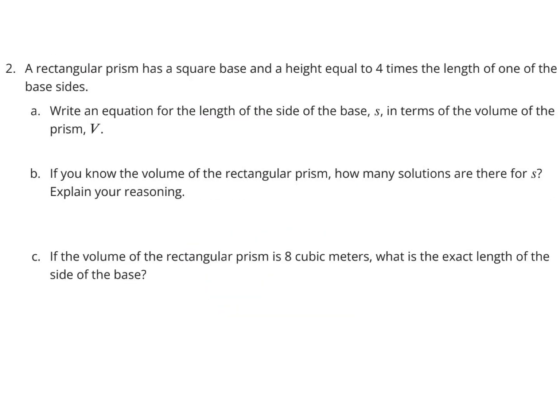Okay, a rectangular prism. All right, so this is a 3-dimensional object. So for a rectangular prism, volume equals length times width times height. Prism means it's 3-dimensional. It has a square base and a height 4 times the length of one of the base sides.